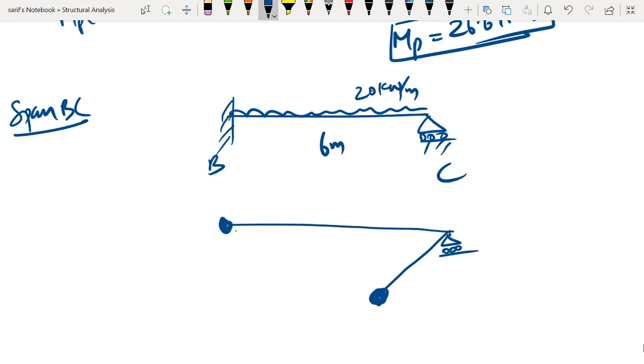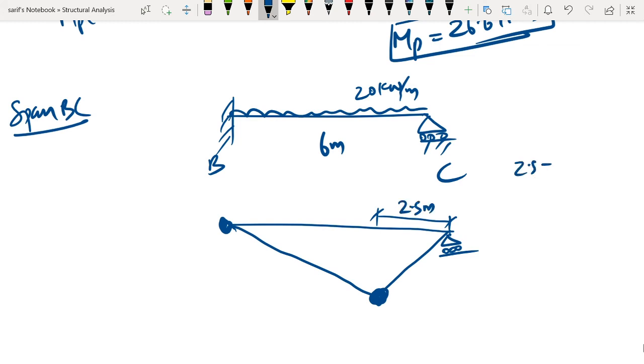0.414 L from the propped end. So this distance is 0.414 L, that is 0.414 into 6. We will be getting it as roughly 2.5 meter.